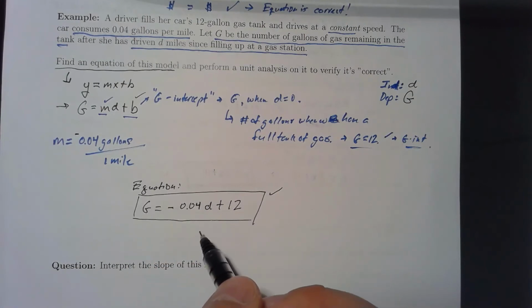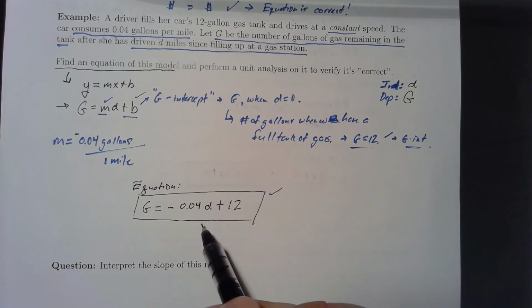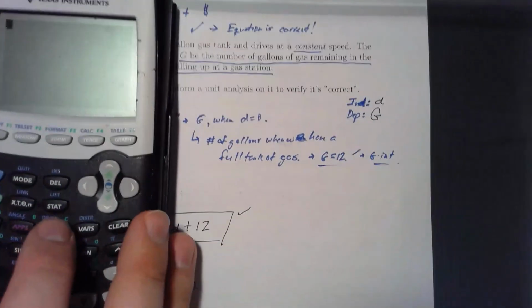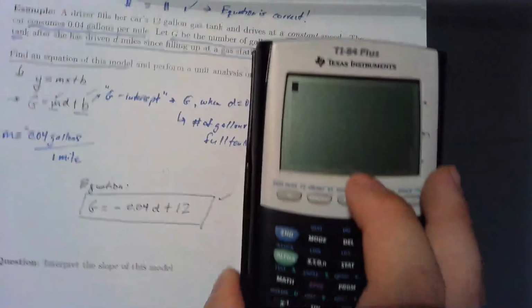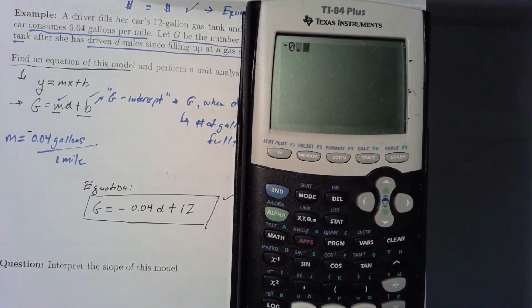This model measures the number of gallons in your gas tank since filling up at the gas station. If I drove 10 miles since filling up, I just plug in 10 for D and see what G is. Negative 0.04 times 10 plus 12 is 11.6.